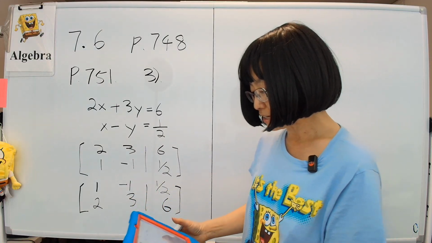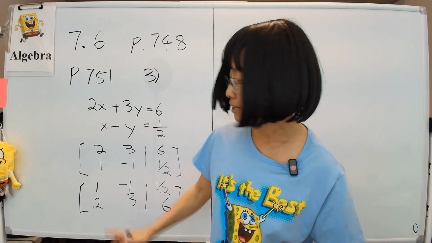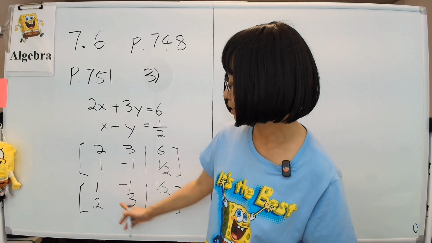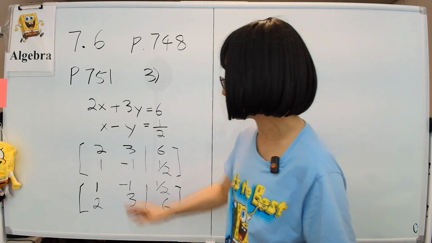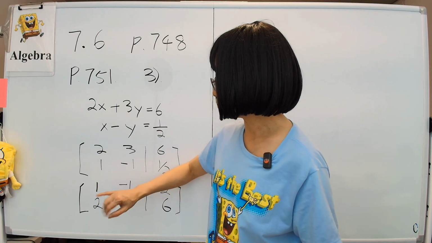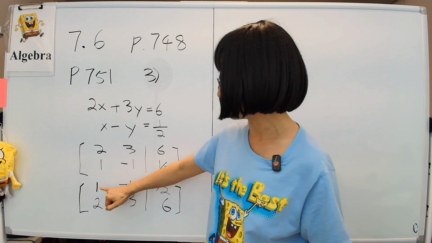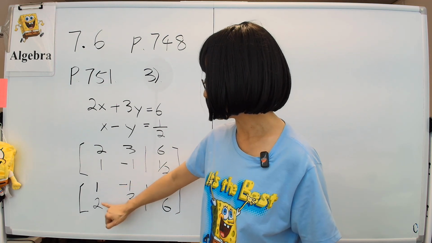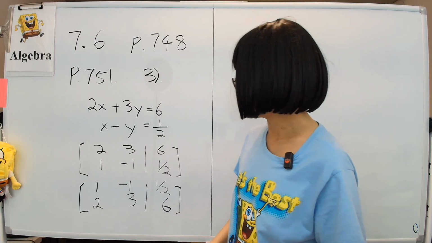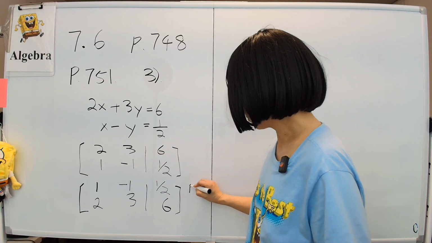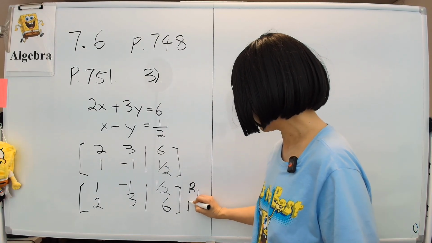The next step is that anything below the 1 along the diagonal has to be knocked into 0. We're going to do that by multiplying the row with the 1 by the negative of this number, and then adding them together. This is row 1, and this is row 2.